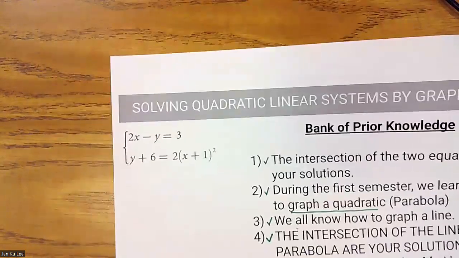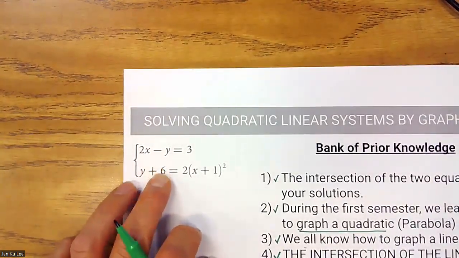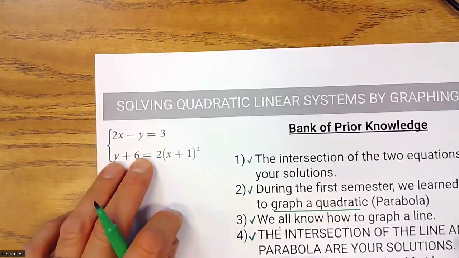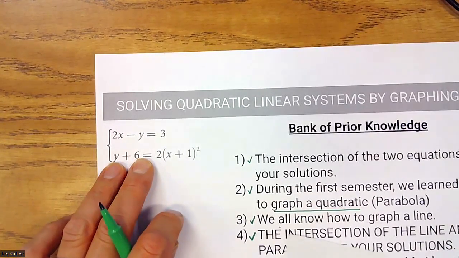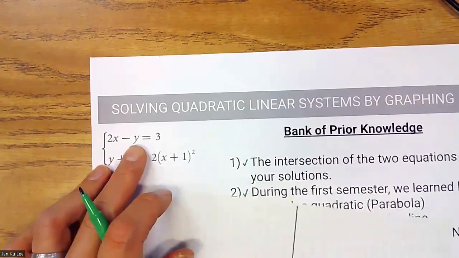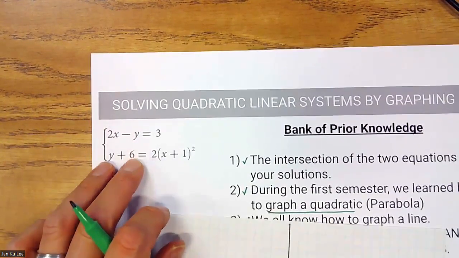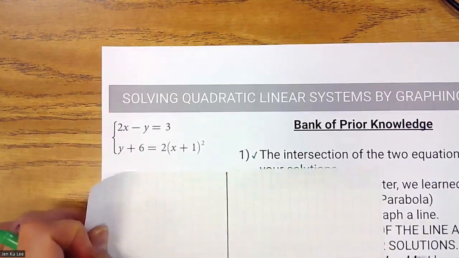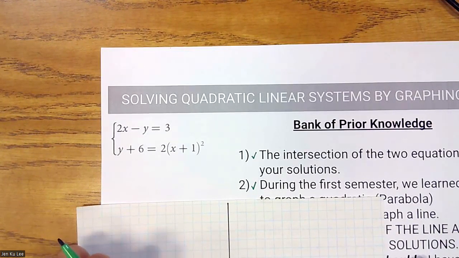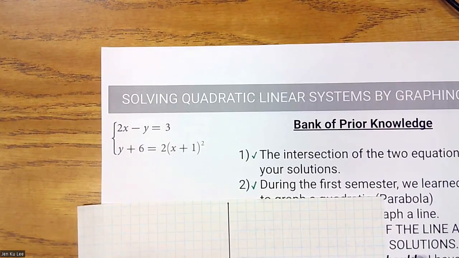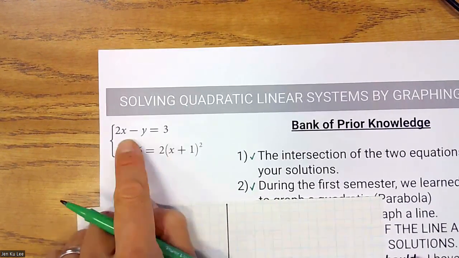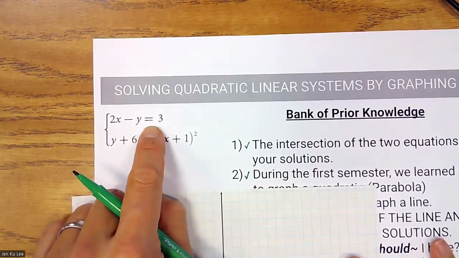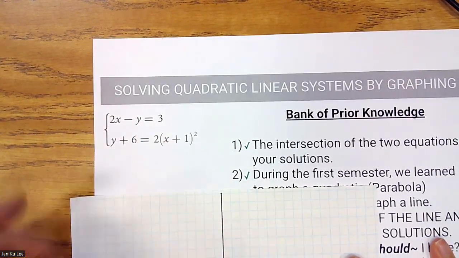So all we're going to do is graph the line and the quadratic. Let's graph that line first. I want this in terms of y equals mx plus b, because that's the simplest way.